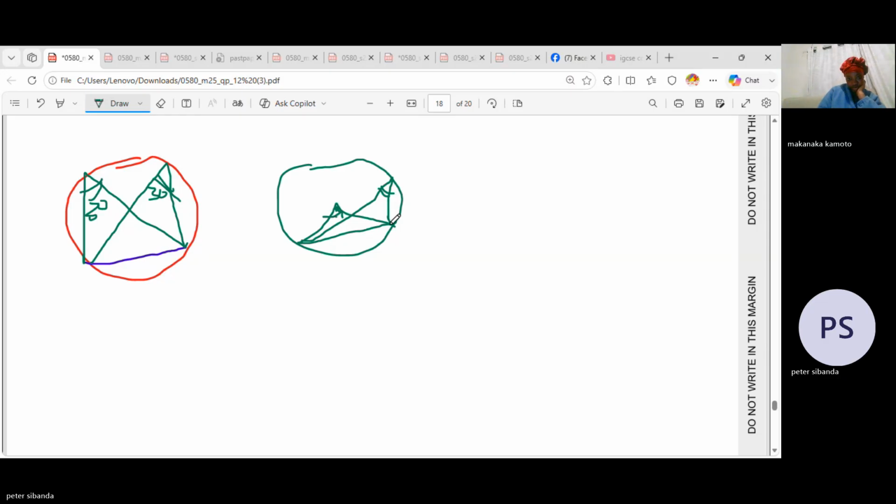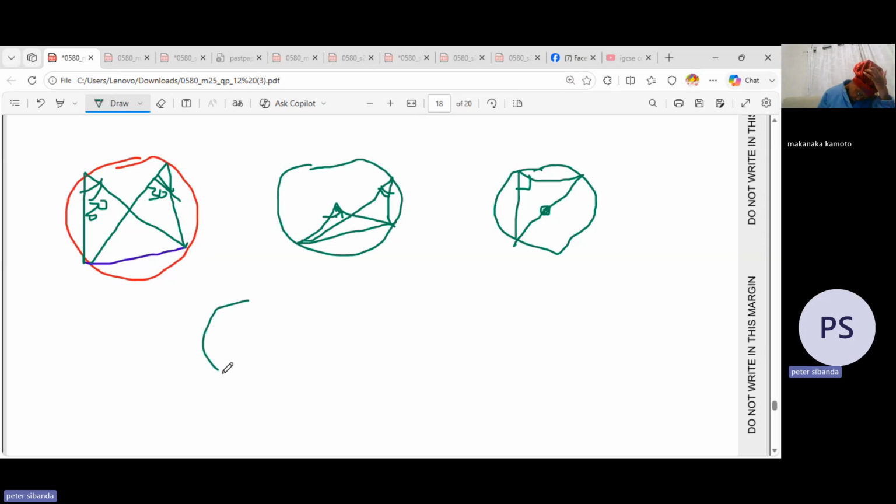Then we also said if we have a circle with a center and there is a diameter, the angle subtended by the diameter at the circumference is a right angle, that is, it is 90 degrees.